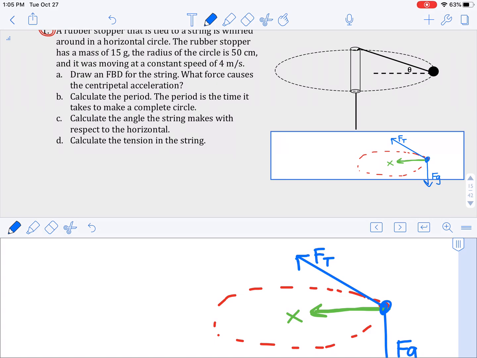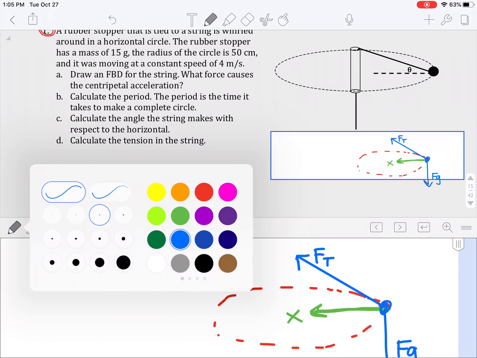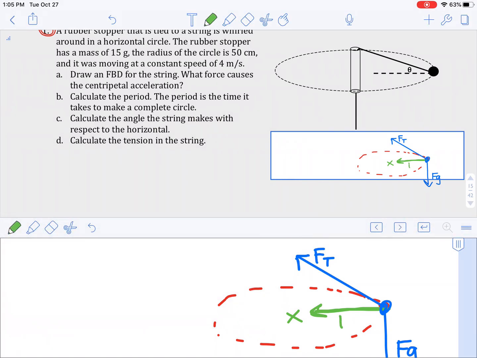So when I look at this diagram, I can tell that this is going to be FTX. This will be FTY. My FTY and my FG are going to be equivalent because I'm not accelerating in this direction or this direction. I'm only accelerating radially inward.